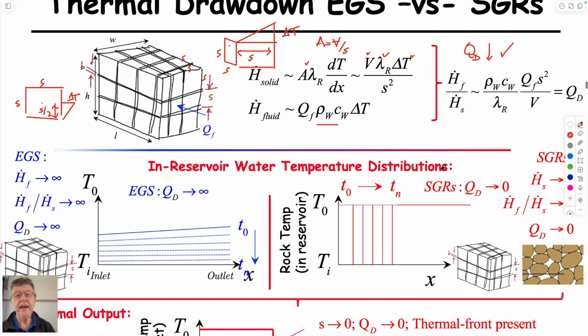If you look at how heat would be transferred in a reservoir, if you inject fluid at one end of a reservoir and go across to another outlet borehole, then if the heat transfer within the reservoir is not efficient, then you'll inject cold water. It'll go across the reservoir and it will gain a little bit of heat.